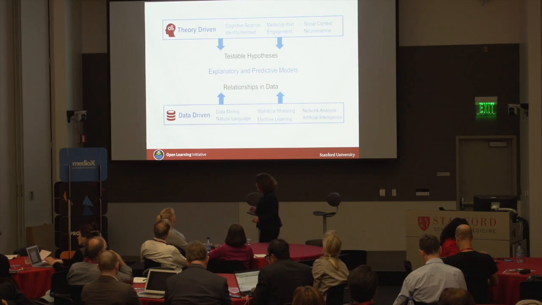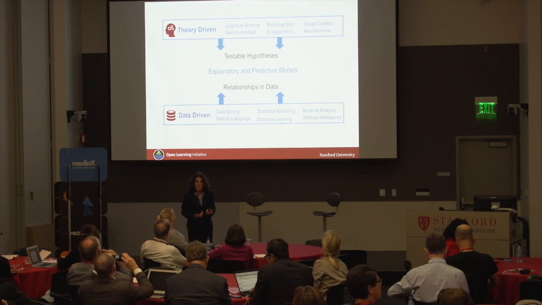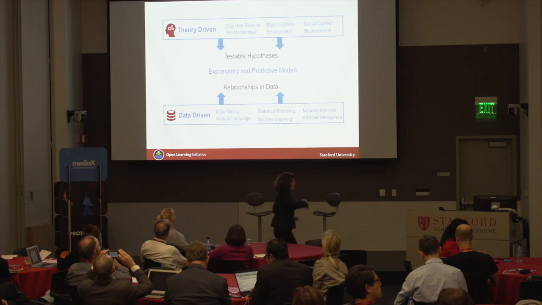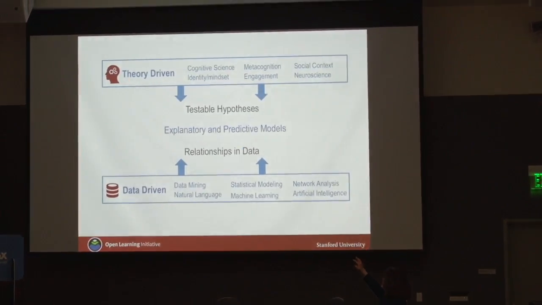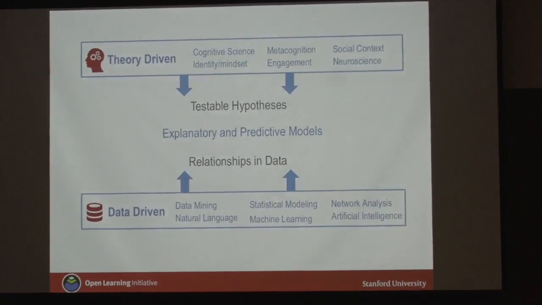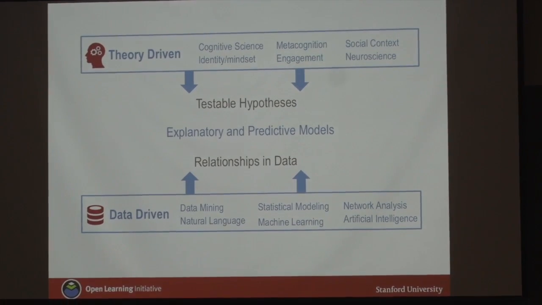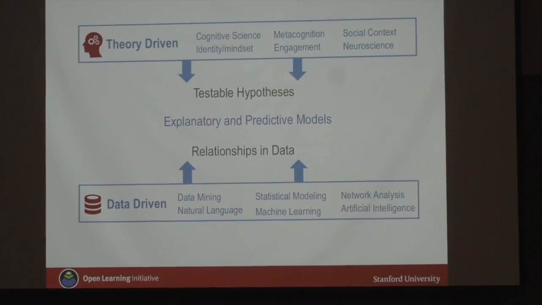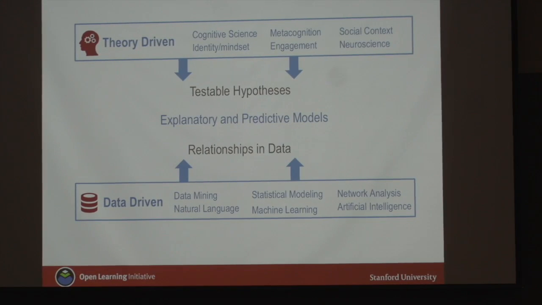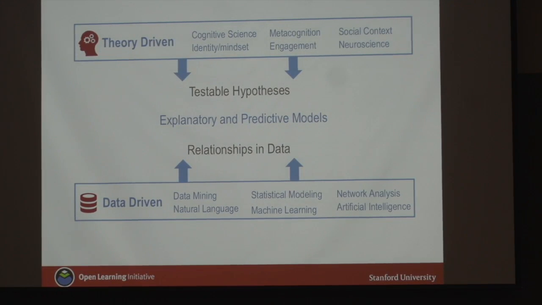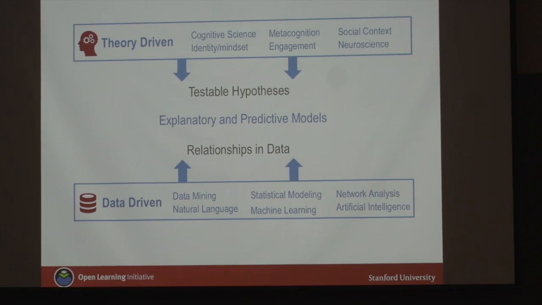And this brings me to what I think the platform needs to do. So we've got these two different approaches. One of them is starting with our theory, the theory that we've developed over decades, and as I said, we can create testable hypotheses in the learning environment. And then we also have all of these new approaches, which others are going to speak about, where we can start from the data and see what patterns we see in the data.